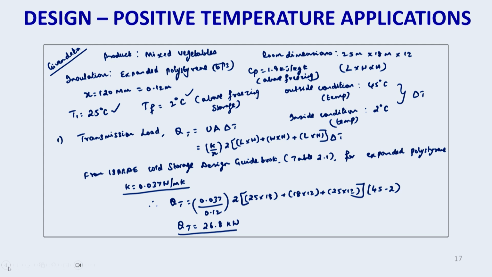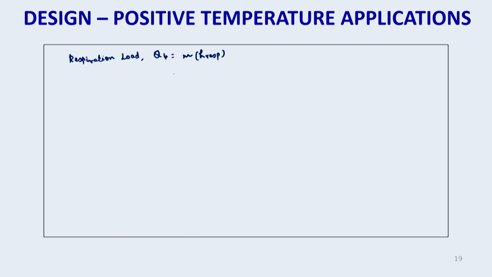So the heat of respiration is given; let me write it here: H of respiration is 1.9 kilojoule per kg per day. The total quantity is 500. Here I am not subtracting the 20 tons which is already taken.